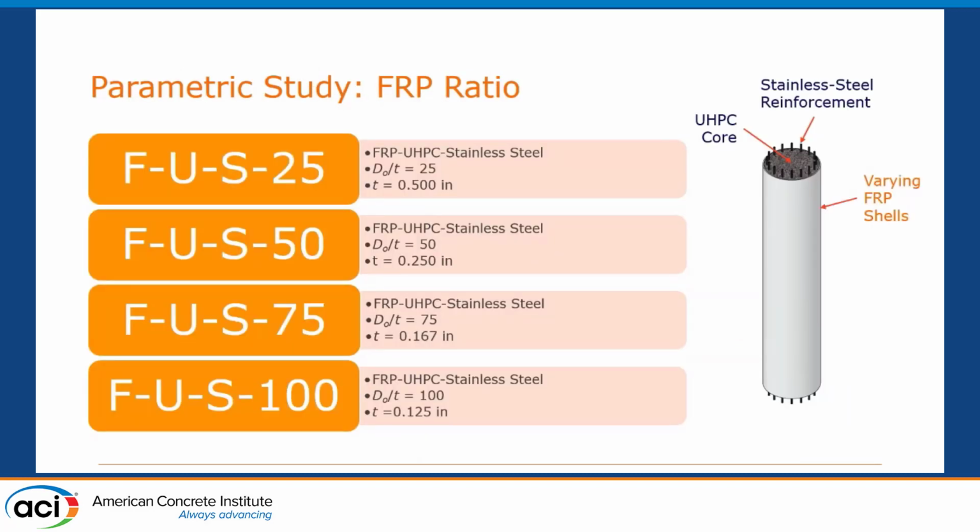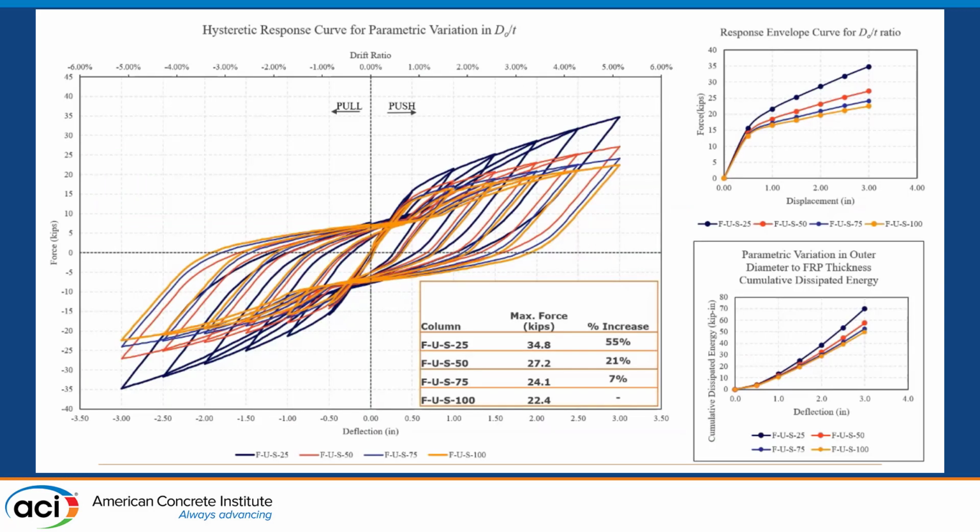All right, so it gives us confidence about using the new proposed systems. A parametric study was carried out by varying the FRP ratio under the same UHPC and reinforcement, in 4 cases. Obviously, a higher FRP ratio leads to a higher capacity.